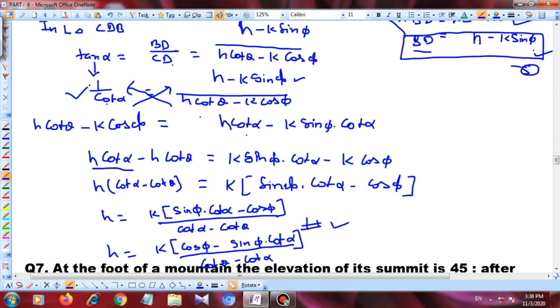Taking H as common, you will get H bracket cot alpha minus cot theta equal to K bracket sin phi cot alpha minus cos phi, right? So the value of H is this. Now take the minus sign from the numerator and denominator, then you will get H equal to this. Hence proved.